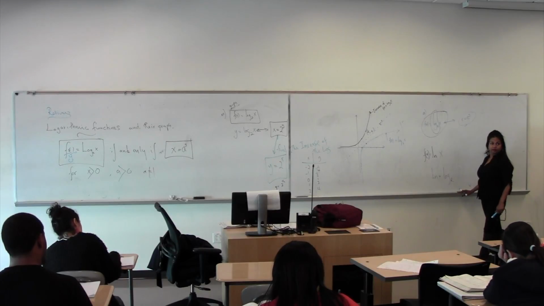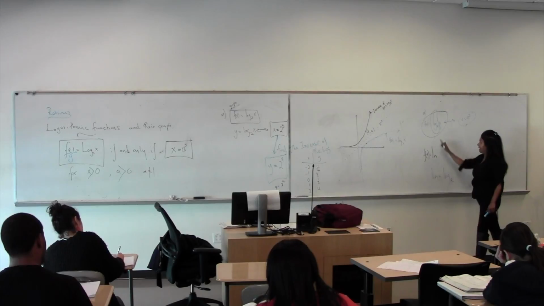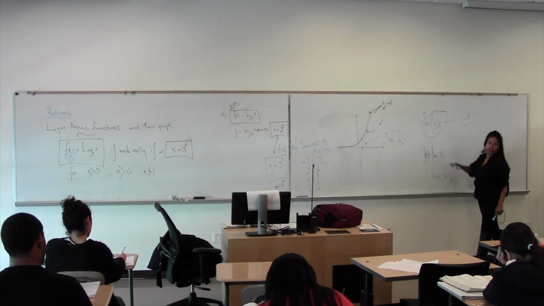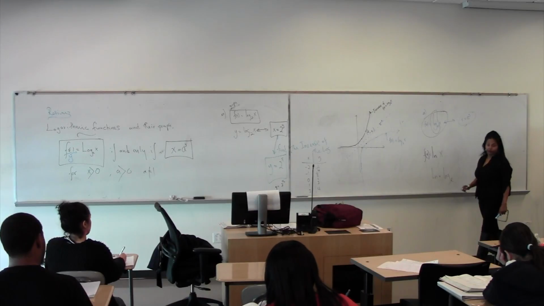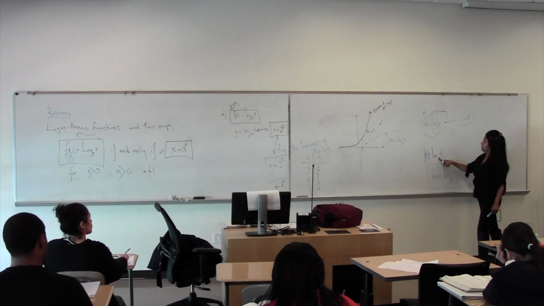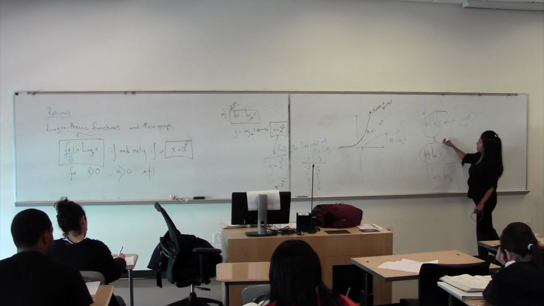So whenever you have f of x equals ln x, that means log base e. So if it's given like this, that means this. You guys have seen this, right? So note this, okay? This means this. These are the same.